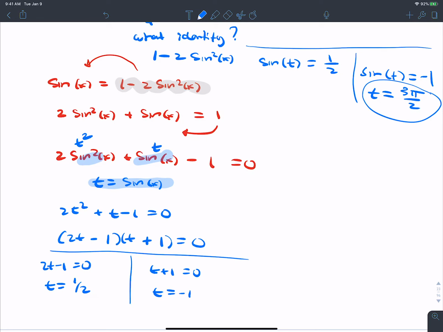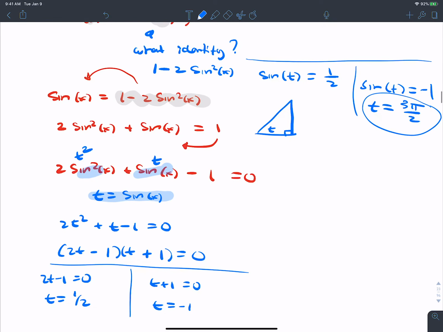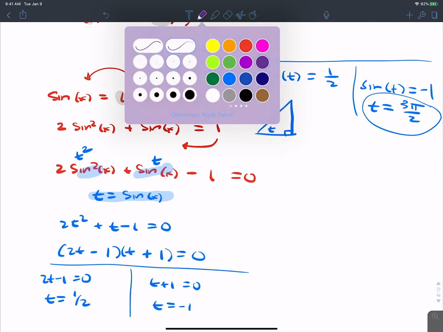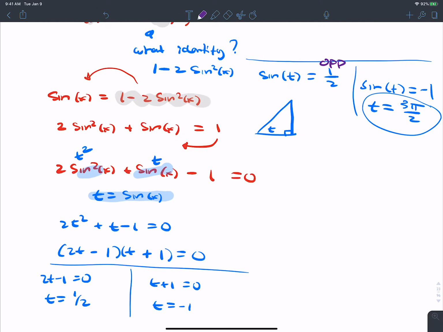So sine is positive in what quadrants? All students, 1 and what? 1 and 2. So we want to find the special triangle here. If we go back, here's t. What's the definition of sine here? That's opposite over what? Hypotenuse.